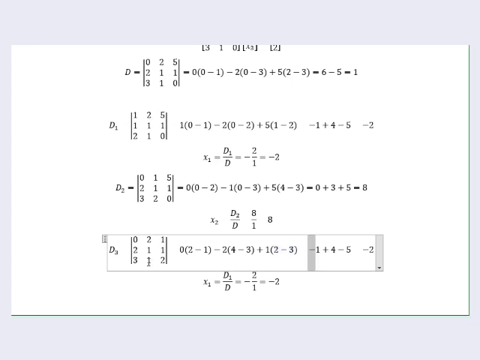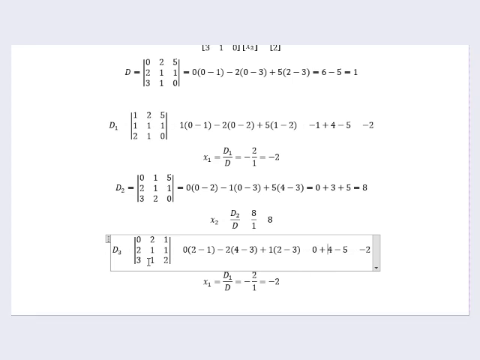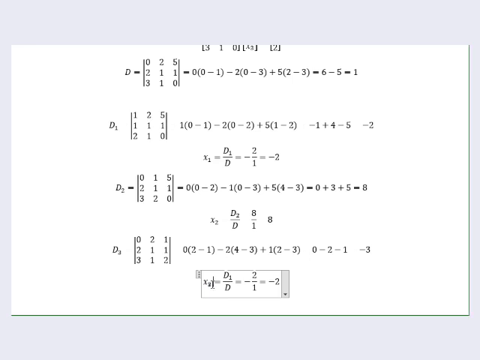So the first one of course is multiplied by 0, so that's a 0. 4 minus 3 is 1, multiplied by minus 2 is minus 2, 2 minus 3 is minus 1, multiplied by, this is minus 2 minus 1 minus 3, so x3 is D3 over this, so that's minus 3 over 1, so the answer is minus 3.